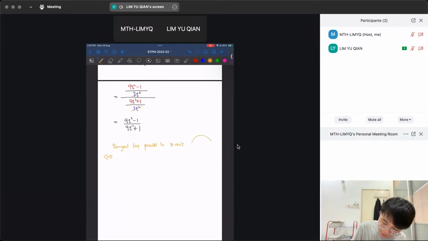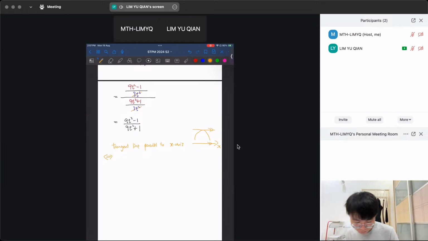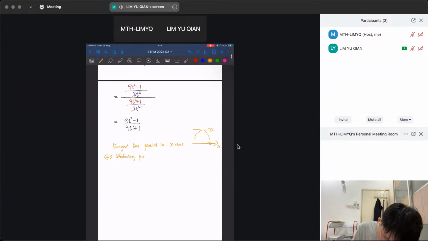let's say this one is a tangent line, so if parallel to the x-axis, which means stationary point, which means dy dx equal to 0.